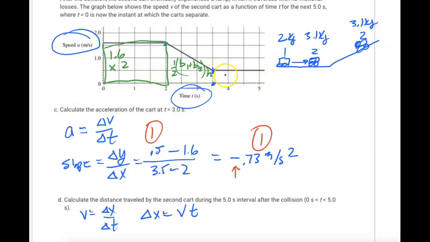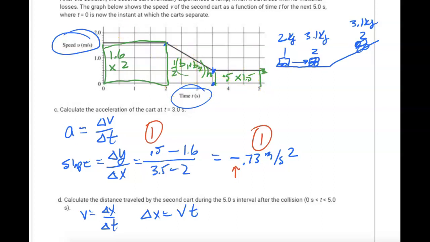And then this last one is just going to be 0.5 times 1.5, because going from 3.5 to 5 is 1.5. Remember, we don't worry about this part.